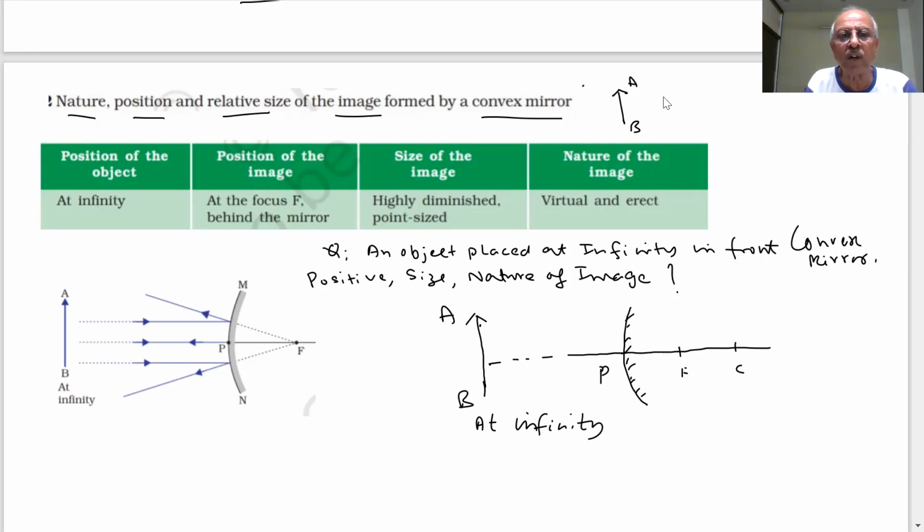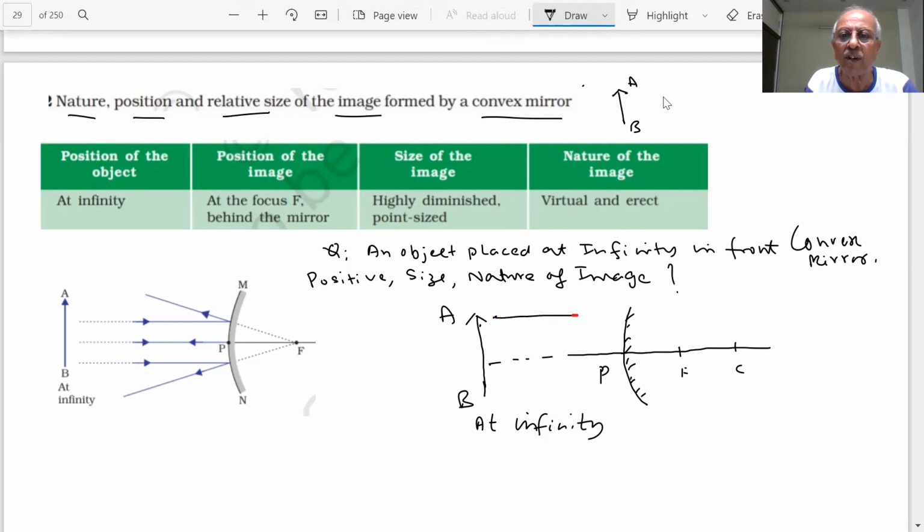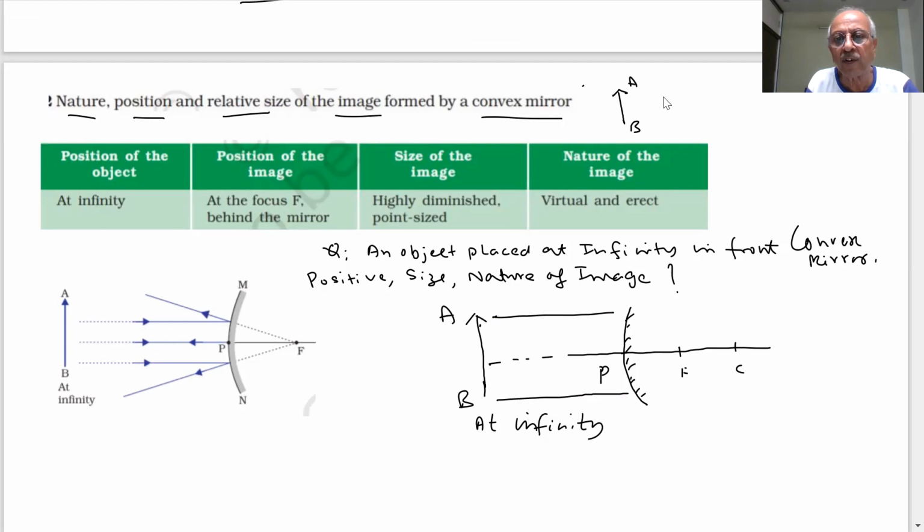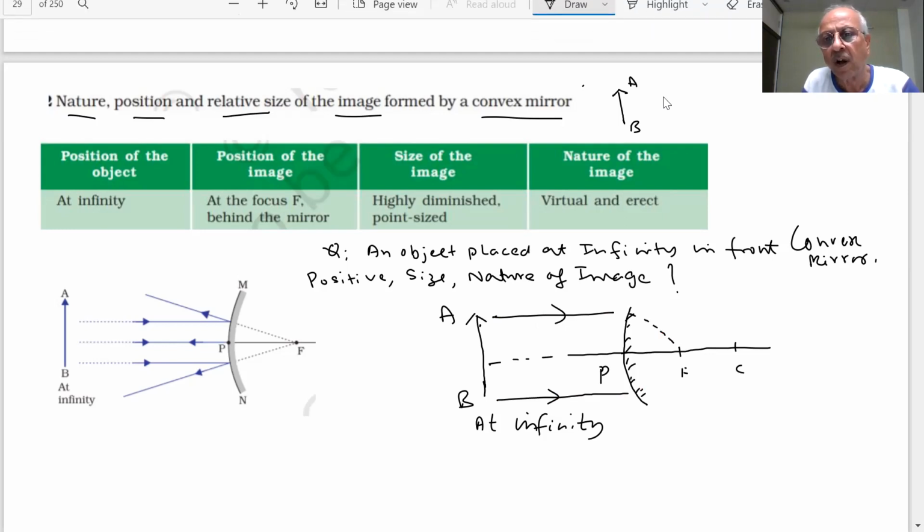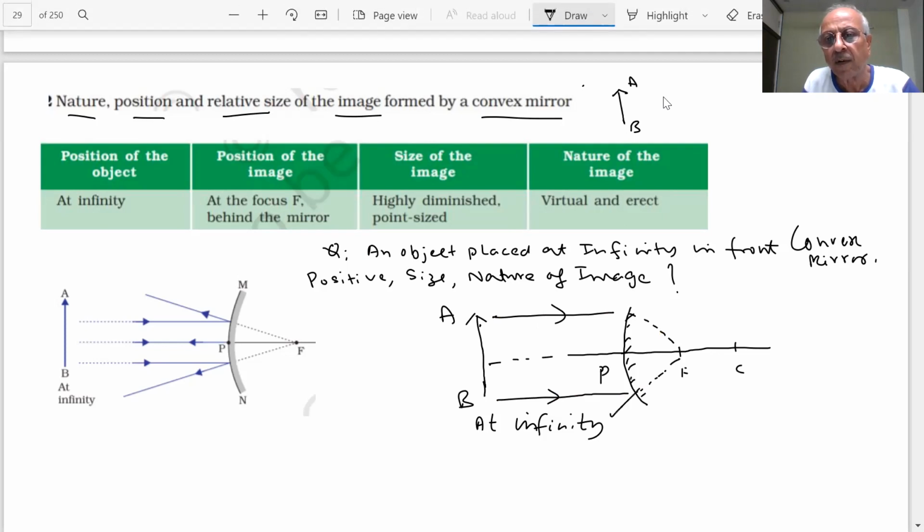So what we told you, the rays which are parallel to this, what happens to them? The rays which are parallel to the principal axis, what will happen to them, student? Parallel to the principal axis, they will appear to diverge from which point? Focus. Yes or no?